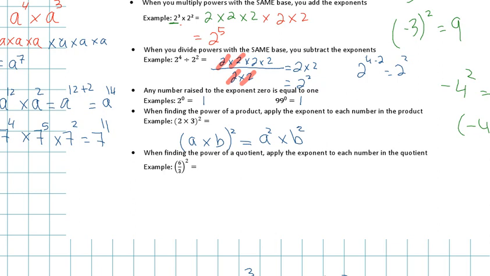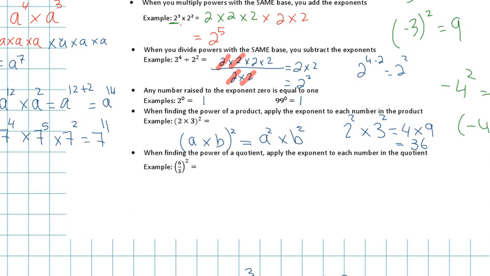Or I can do 2 to the power of 2 times 3 to the power of 2, which is going to give me 4 times 9, which is also 36. But the rule says, if you have something times something all to the power of 2, that 2 can be distributed to both of them.